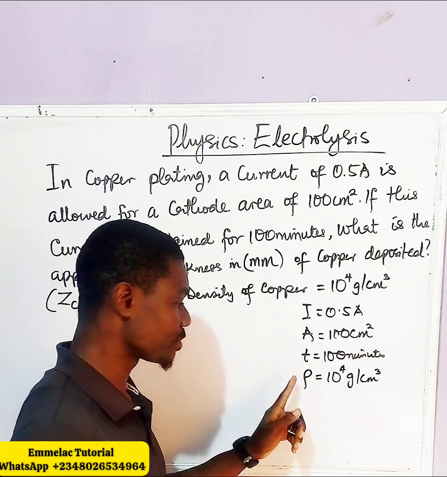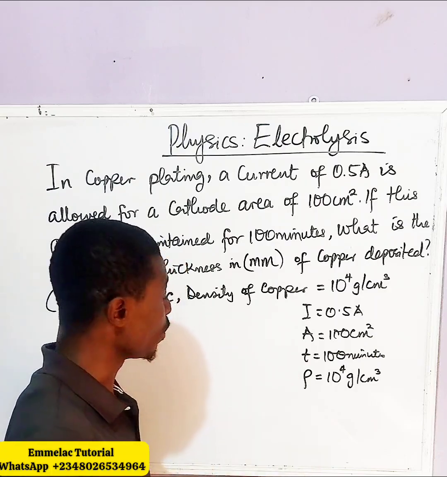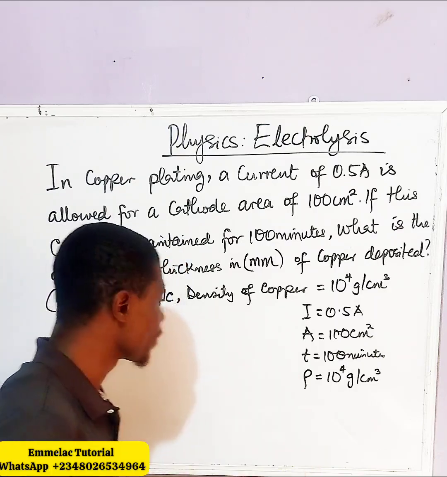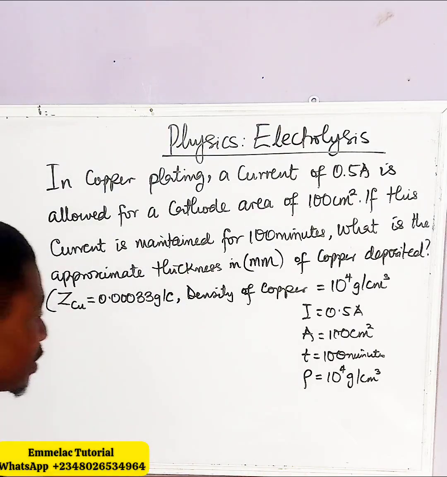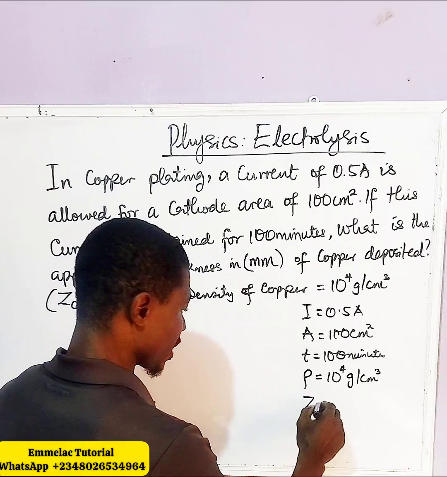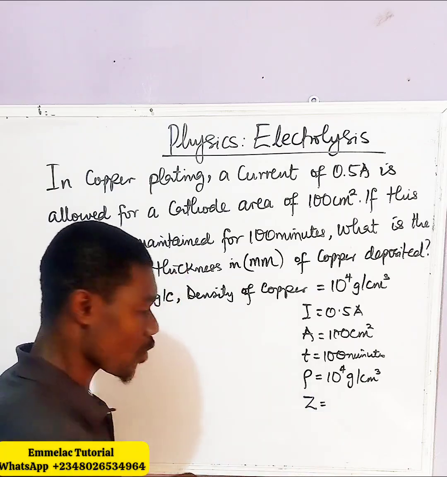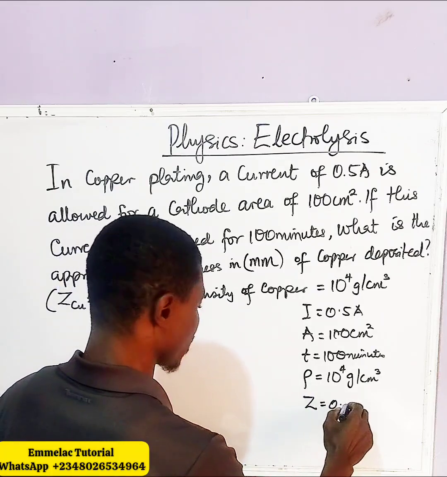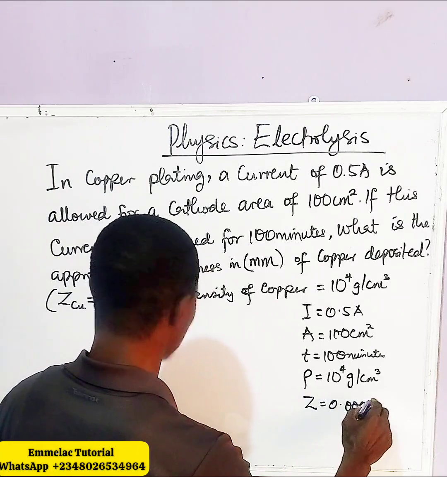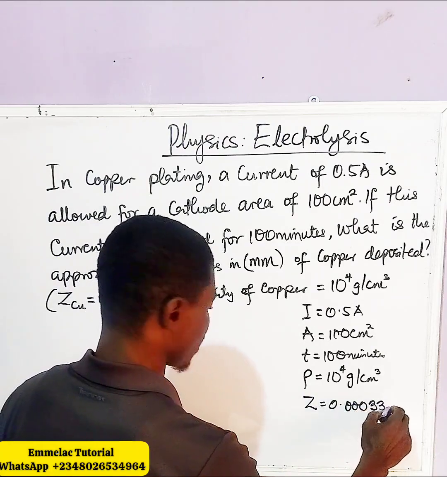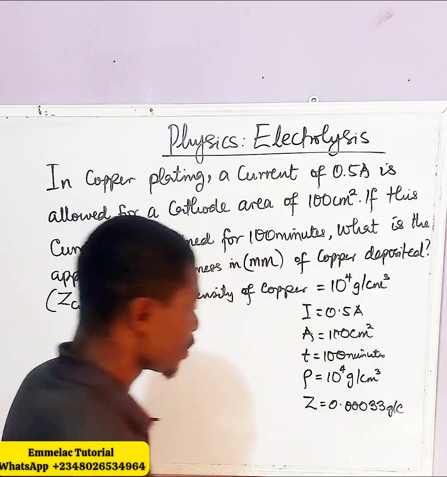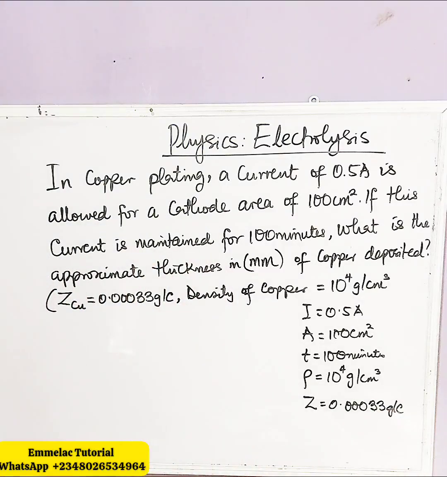This is the symbol for density, rho. Then Z, the electrochemical equivalent of copper, is 0.00033 gram per coulomb. Okay, so what do we need to do here first?